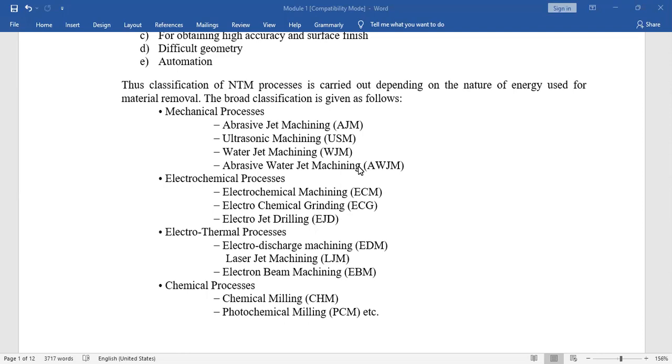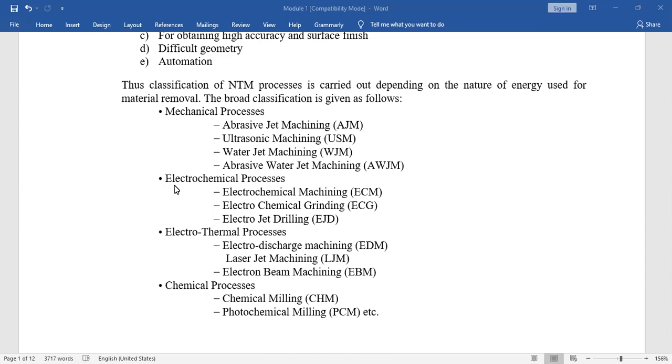One thing you have to remember is that in abrasive jet machining, ultrasonic machining, and abrasive water jet machining, abrasive particles are used for the removal of the material. Now coming to the electrochemical process. The material is removed with the help of electrical power plus the chemical used.